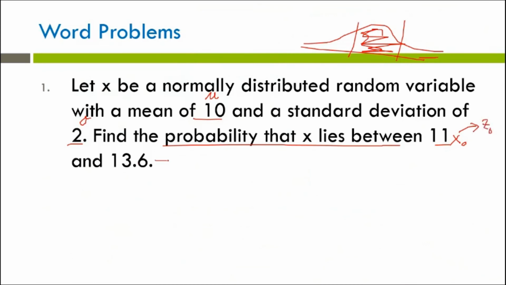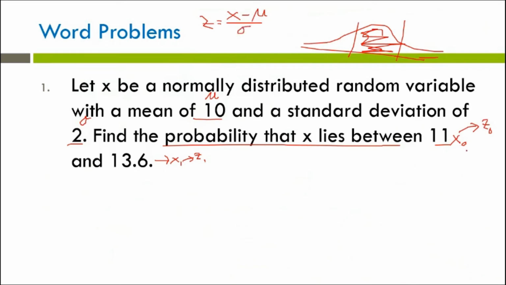And this will be our x sub 1 to be converted to z sub 1. And recall our formula for z, that is x minus mu divided by sigma.